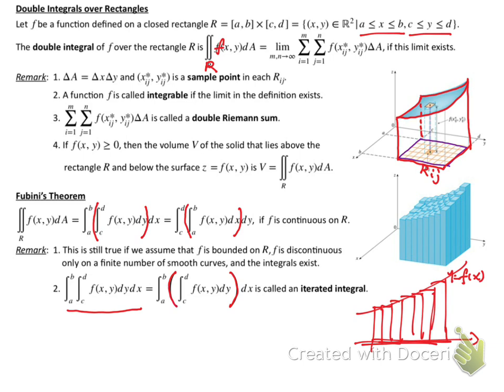So we integrate with respect to y first, we get whatever the parentheses give me, then I put it in the outer integral, x goes from A to B. Okay, and this is called an iterated integral because you do y, then do x. Instead of having a range, we sort of have x go from where to where, then y go from where to where.